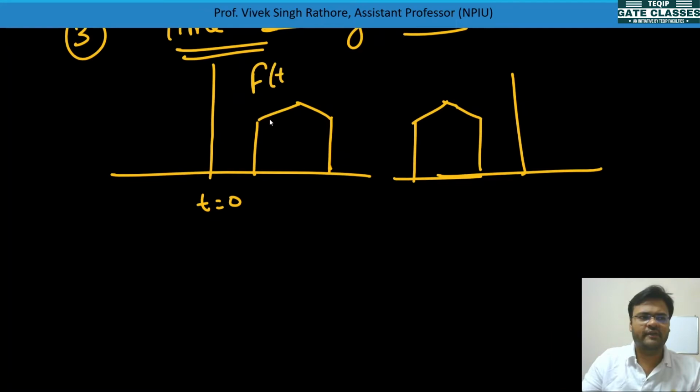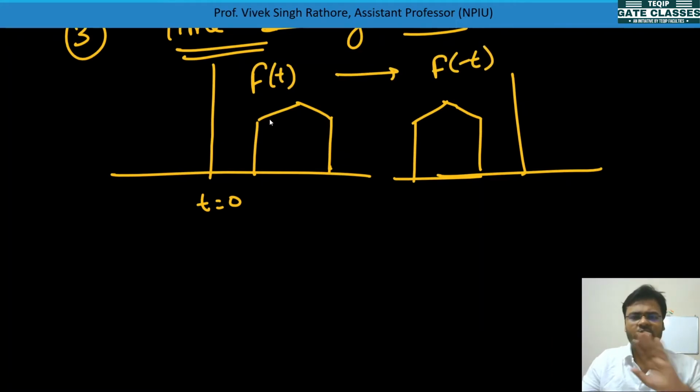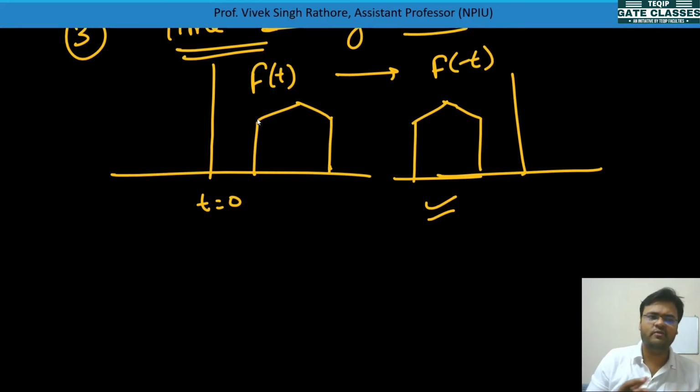If this was f(t), this will be f(-t). Just you have shifted or reversed in time domain. So this is called the time reversal operation. What you have done is a rotation of 180 degrees across the y-axis, or just added an extra minus sign to every value.